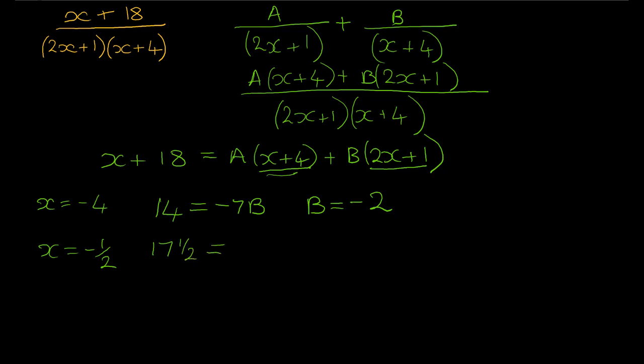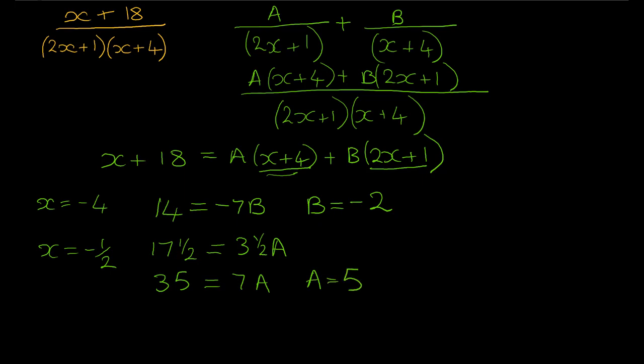The b is going to disappear. So we're going to have a times minus a half plus 4, so that's 3 and a half. So we've got 3 and a half a. Now to make life easier, if we double both sides, we'll get 35 equals 7a, and therefore a equals 5.